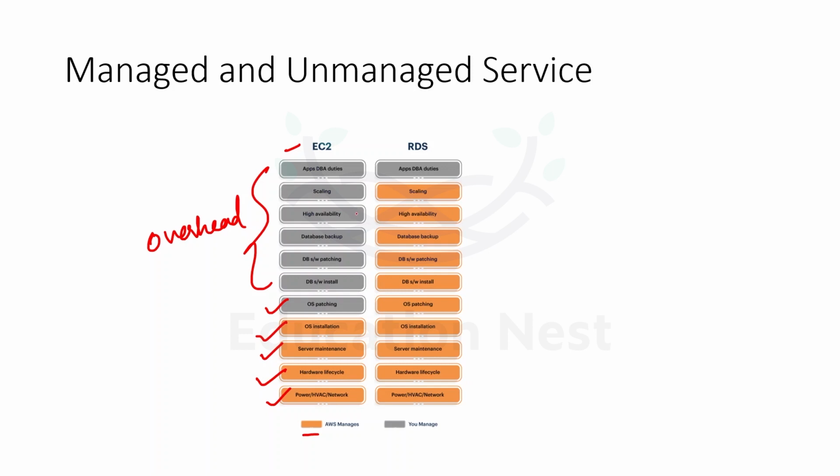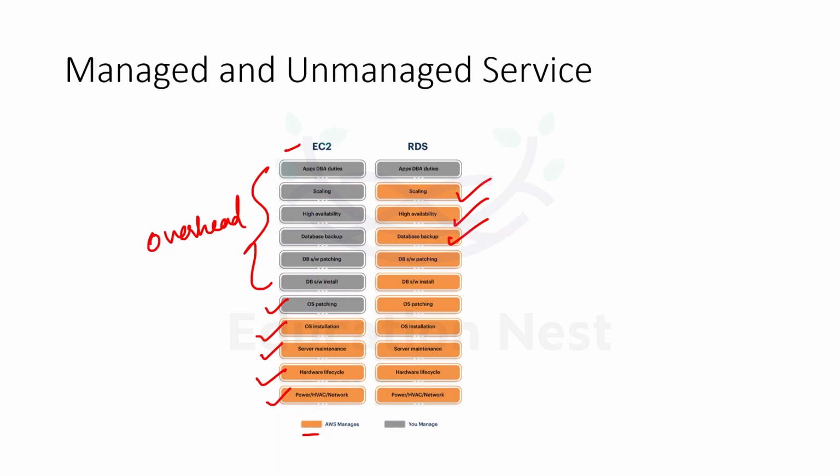Now, on the contrary, the managed service is a fully managed, scalable, highly available database solution provided to us by AWS. AWS maintains the underlying architecture, infrastructure, database configuration, and all the maintenance tasks such as database backup, maintaining availability, scaling, recovery, patching, and upgrades.